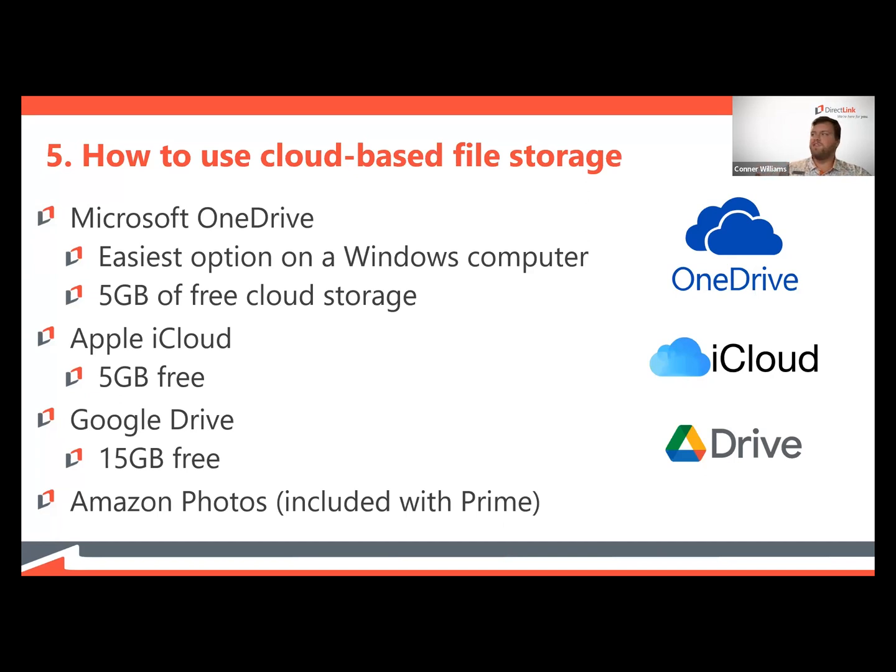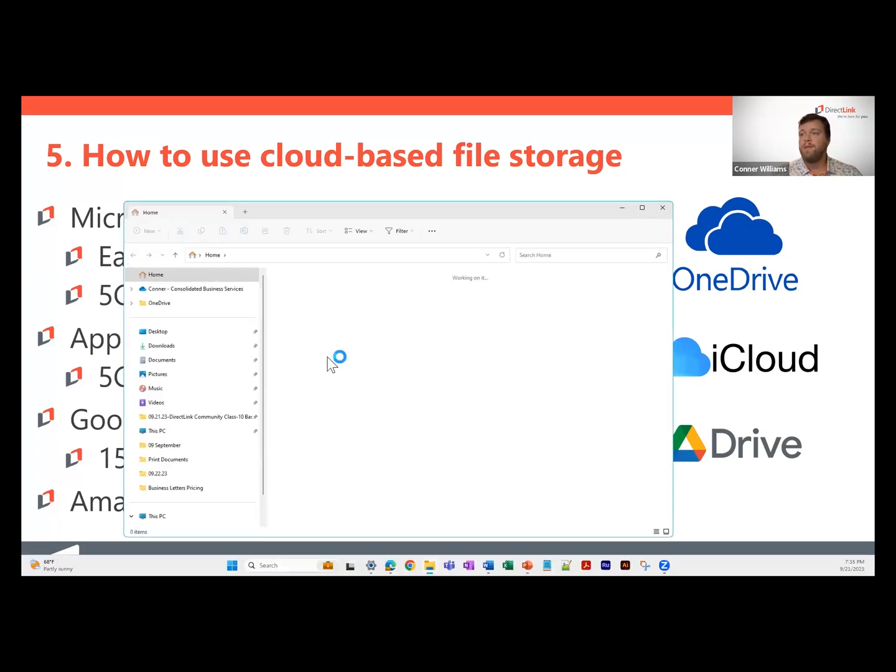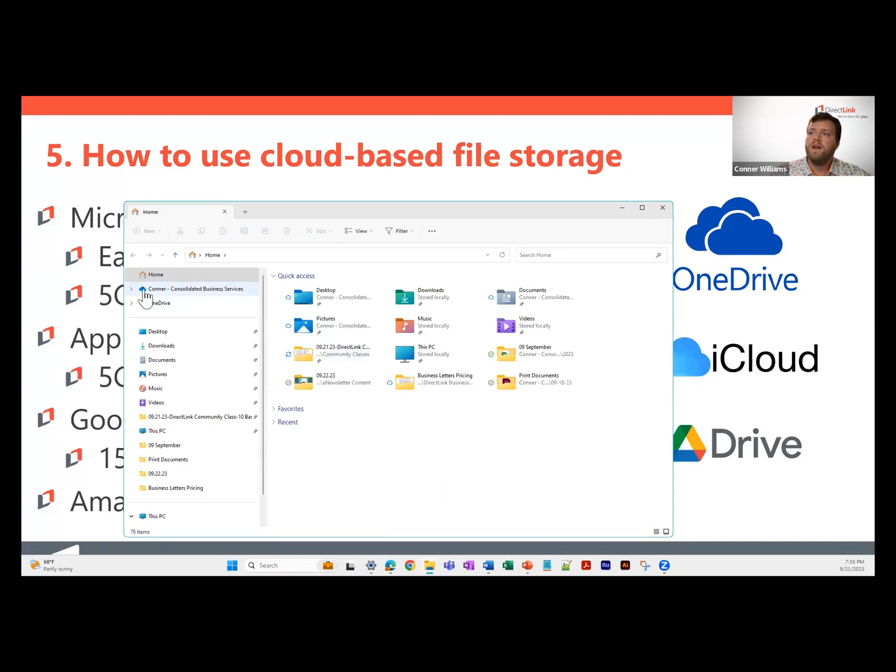Me personally, in my situation, we use OneDrive. We use Microsoft OneDrive here at work, and I like using OneDrive personally as well because it integrates the best with File Explorer. So again, I'm going to press Windows E to bring up my File Explorer. So this right here, this is our OneDrive that we have our various work documents shared across.